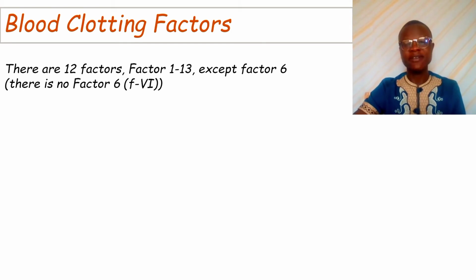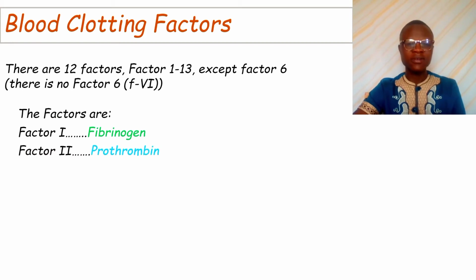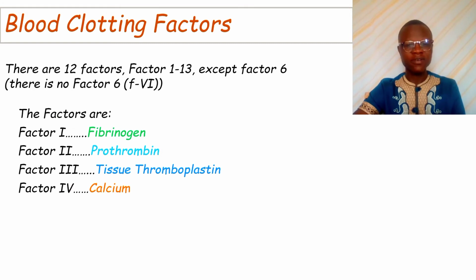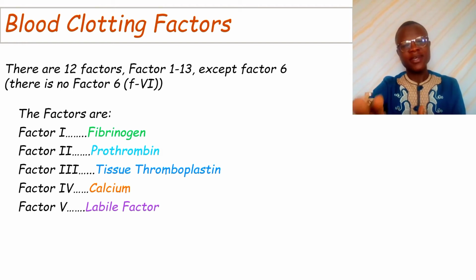So let's get started by looking at the clotting factors. These factors are factor 1, fibrinogen, factor 2, factor 3, factor 4, factor 5. What I did here was divide the factors using factor 6 as a reference point.